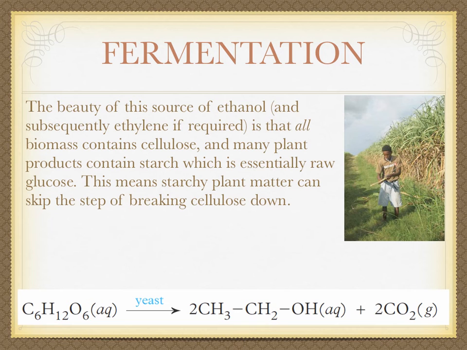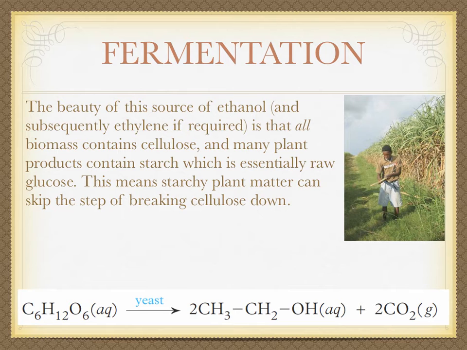Well, the beauty of fermentation as a process to produce ethanol is that all biomass contains cellulose, and many plant products actually contain glucose in the form of starch, which is a much more soluble form of glucose than cellulose. So the step of breaking apart the polymer of cellulose can be skipped if you have a very starchy starting product.